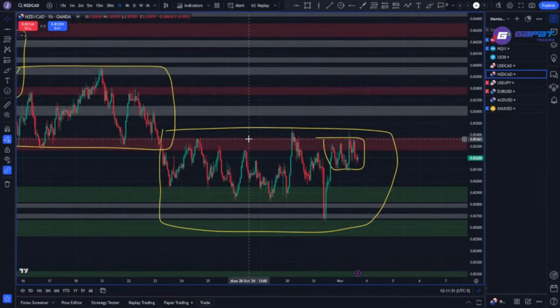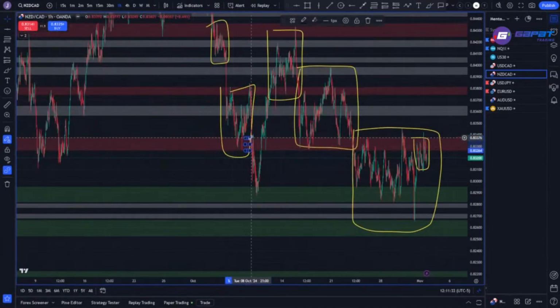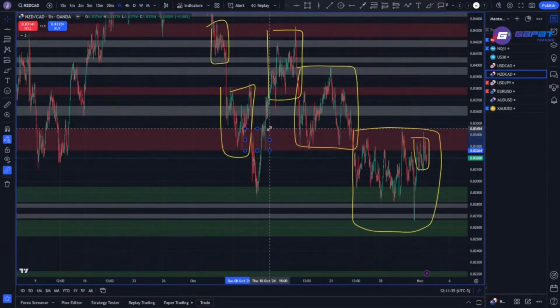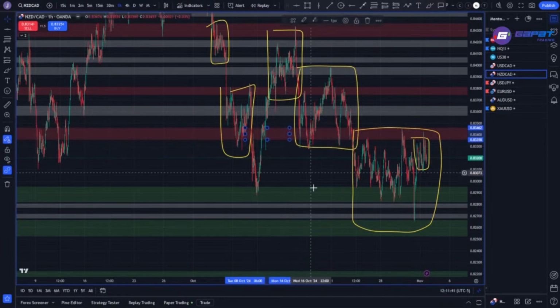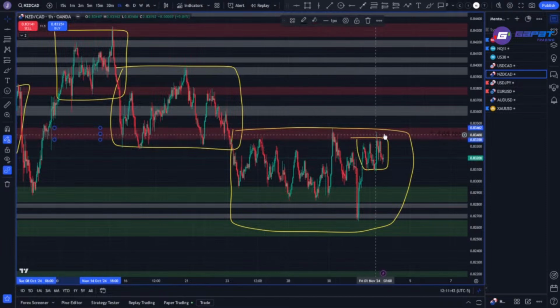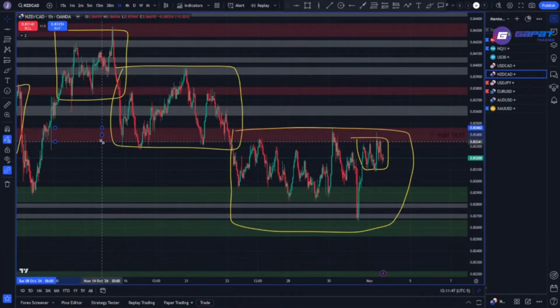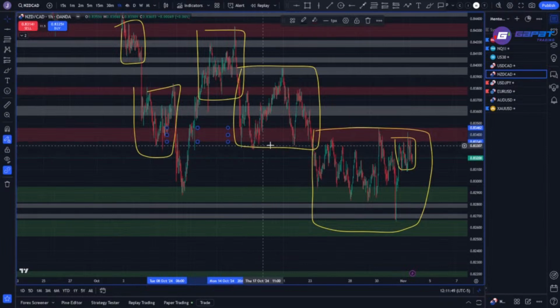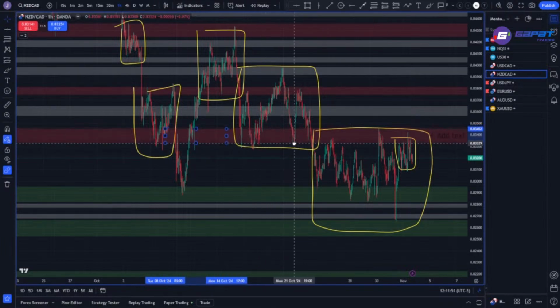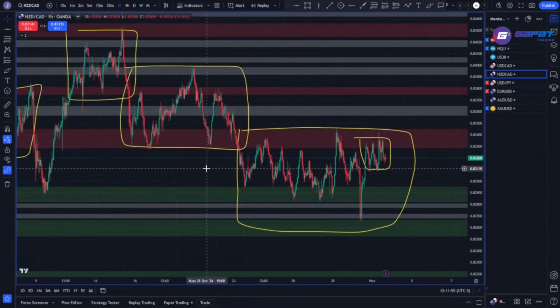And then I would expand this red level that we had before. Or I could split it into two levels. I would definitely have this higher part here. This would be the more relevant resistance, but we also have the lows down here. You could just take all of it.